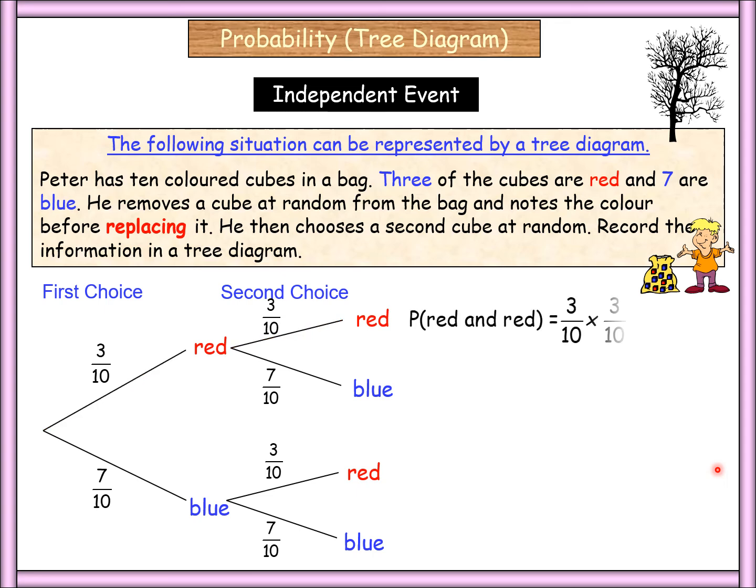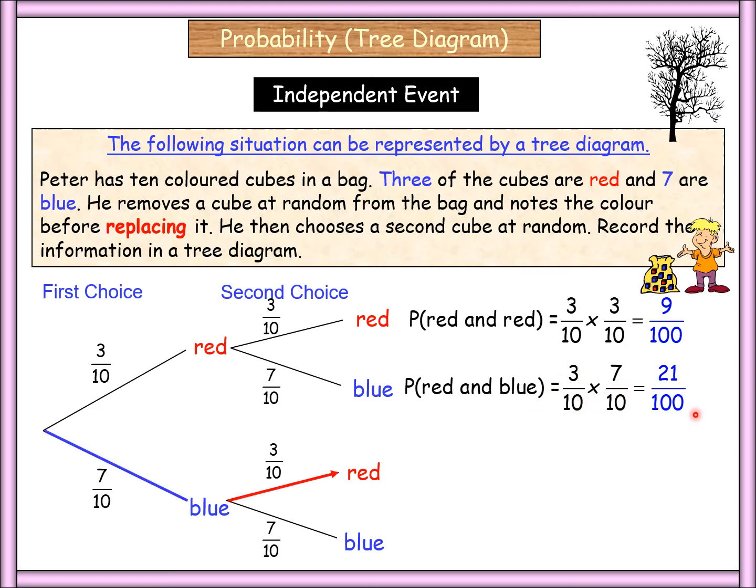Now, let us have the probability of red and red. So, getting a red and red cube, we have 3 over 10 times 3 over 10, which is equal to 9 over 100. And getting the probability of red and blue, 3 over 10 times 7 over 10, it is 21 over 100.